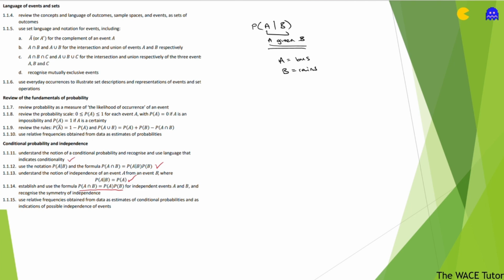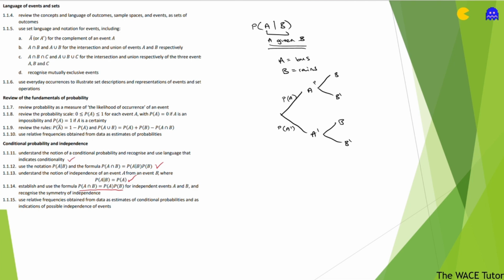When we're looking at tree diagrams, we represent them in this way. What this probability represents is the probability of A occurring. This represents the probability of A bar occurring. Here's where conditional probability kicks into play.